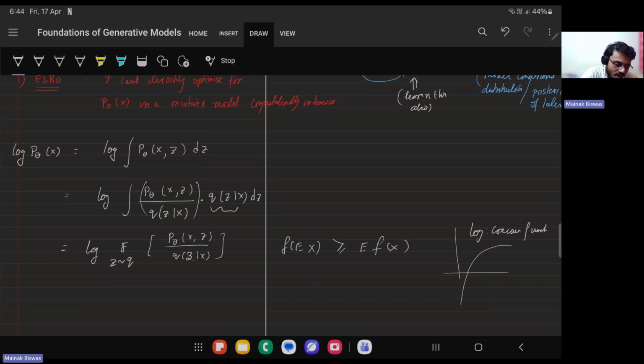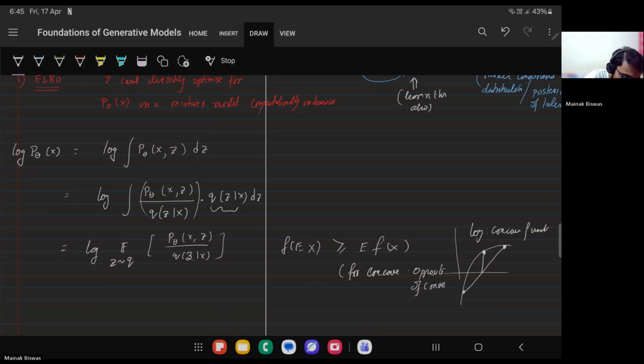For a concave function, F of the expected value is above the expected value. That's the idea. So taking the log inside for a concave function is the opposite of convex.